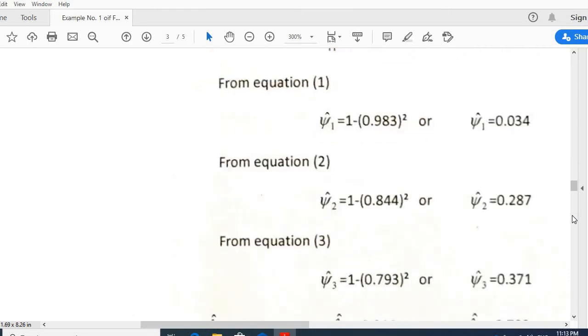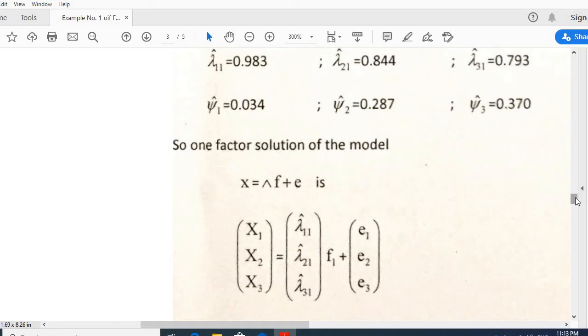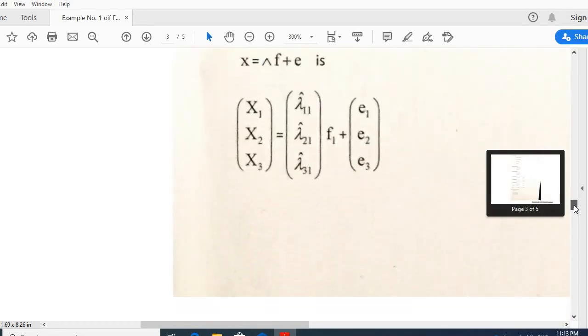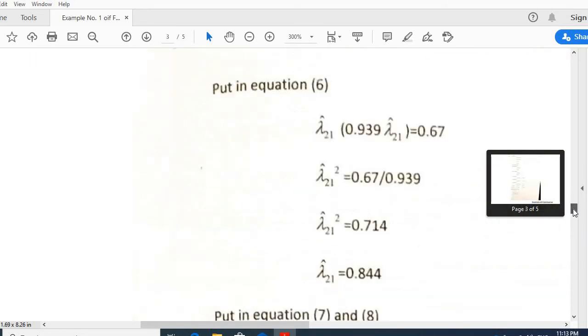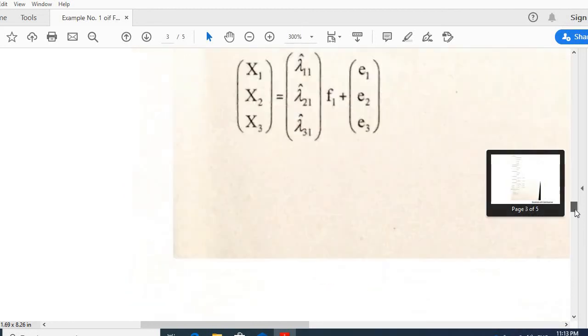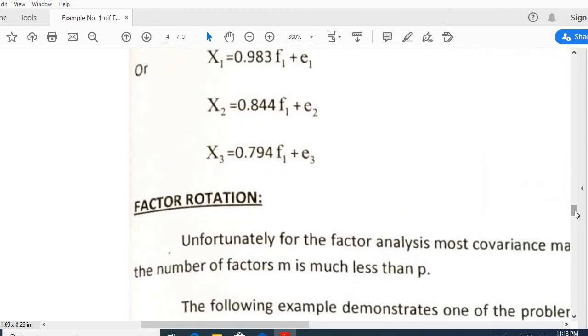Now replacing the values of lambda 1, lambda 2, lambda 3: x1 is equal to 0.983 F1 plus e1, and x2 is equal to 0.844 F1 plus e2, and x3 is equal to 0.793 F1 plus e3.